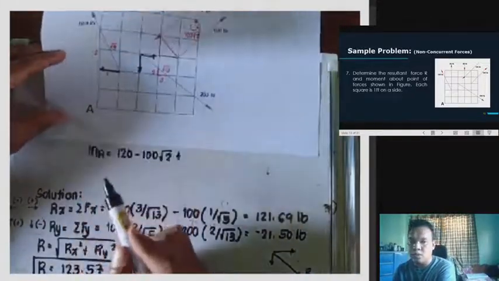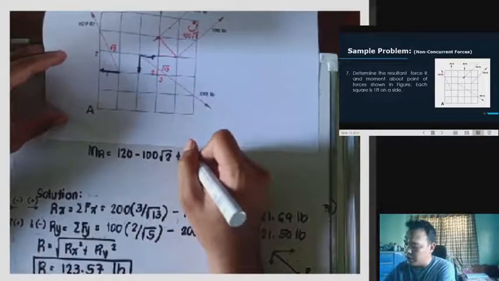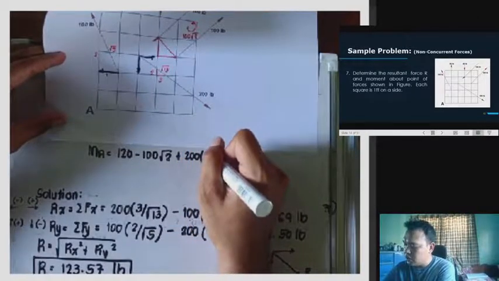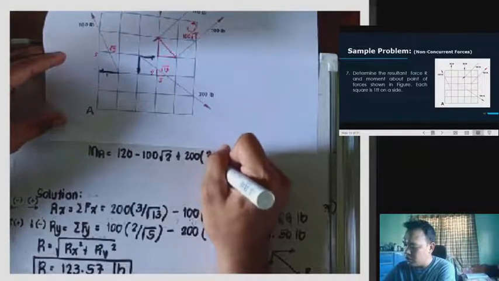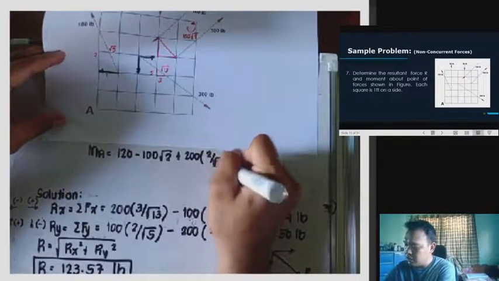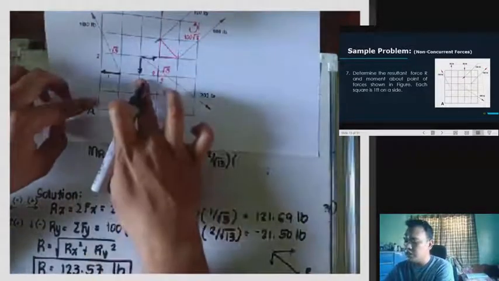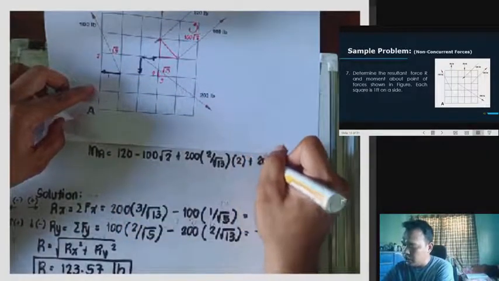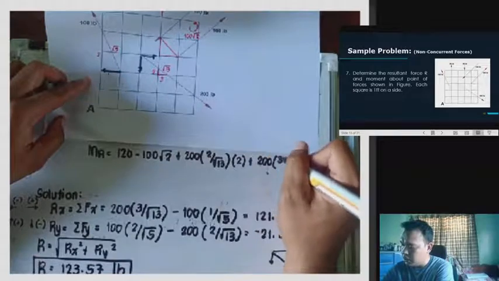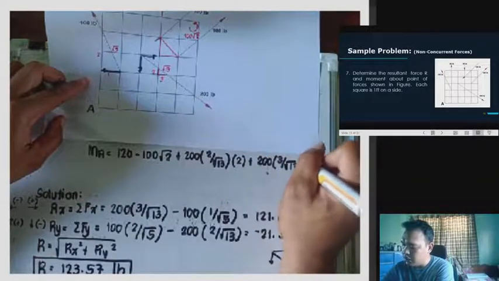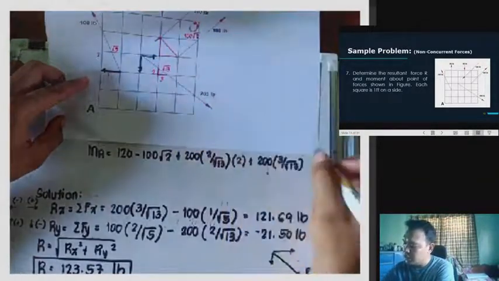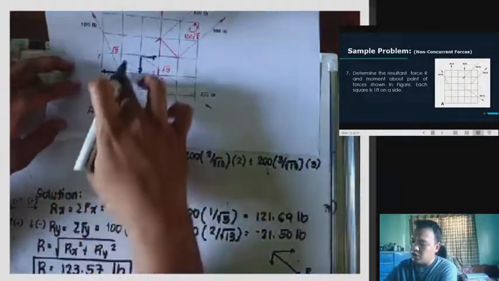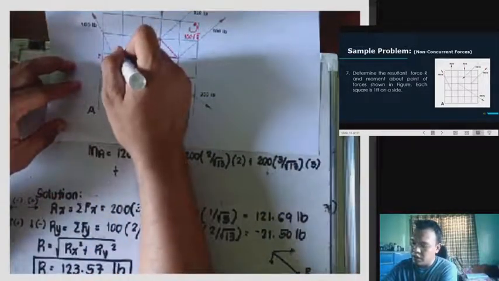So clockwise, yun pareho. So we have here 200 times 2 all over the square root of 13 multiplied by perpendicular distance 2, ito, plus 200 multiplied by 3 all over the square root of 13, perpendicular distance na ay 3, plus ito, component nito ay pag ganyan.